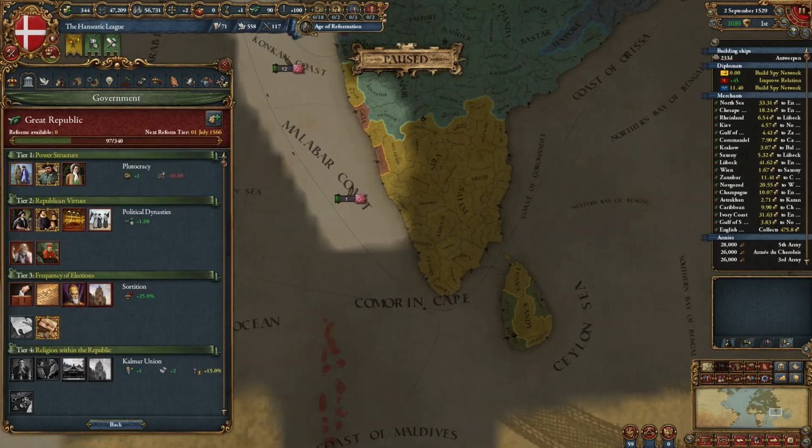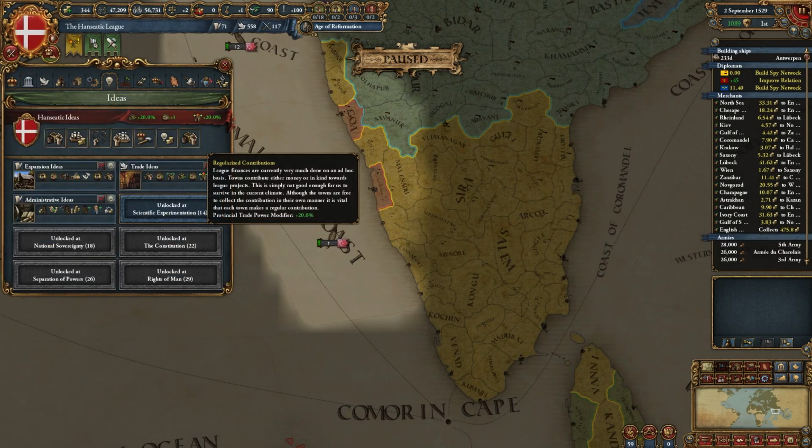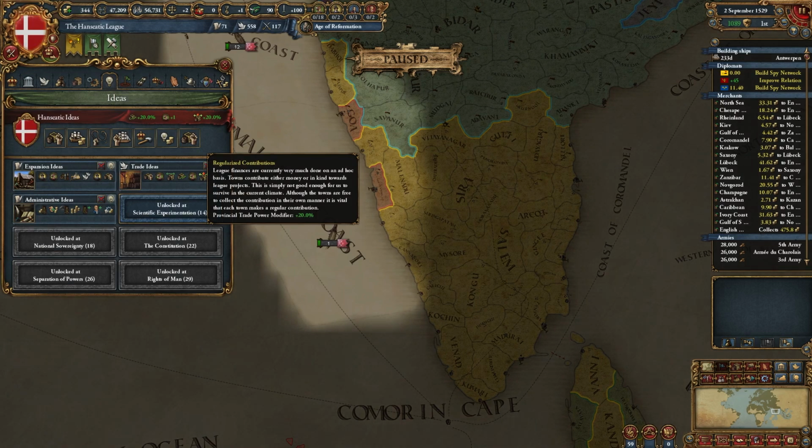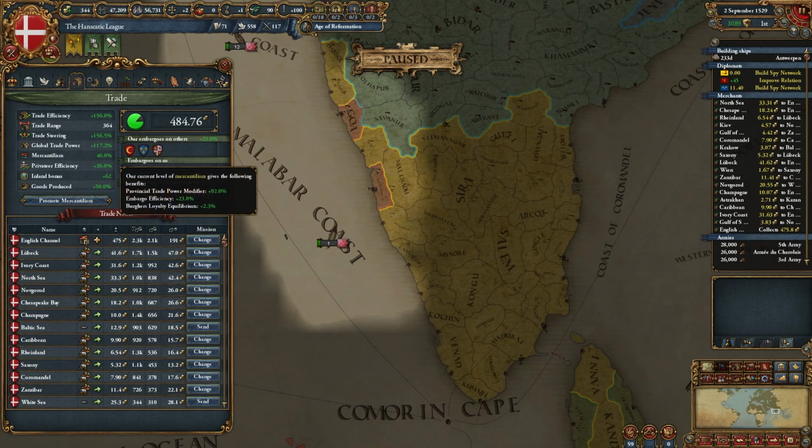And I have also a trading post over here, but also because of my ideas, which over here, for example, gives me provincial trade power plus 20%. And also my mercantilism is obviously extremely high for such a nation, with 46%, giving me a provincial trade power modifier of plus 92%.